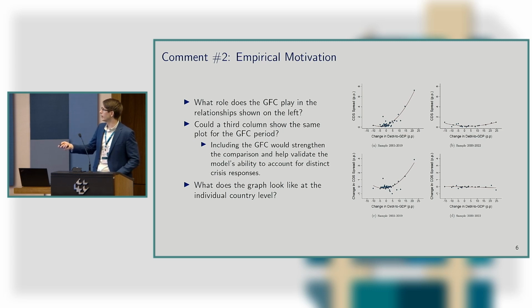And I get to that later on, how was that actually looking at the country level? So instead of averaging across countries and over time, can you do something at the country level to put in perspective where Greece was standing? But I think potentially a third column here would be pretty helpful to put things in perspective.